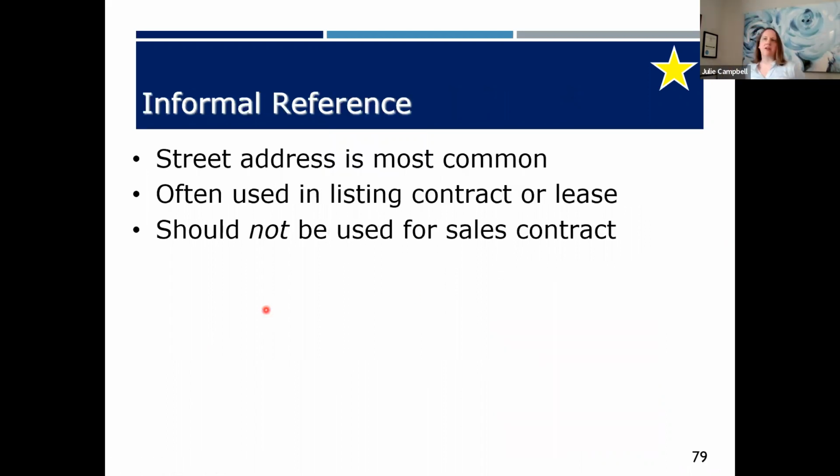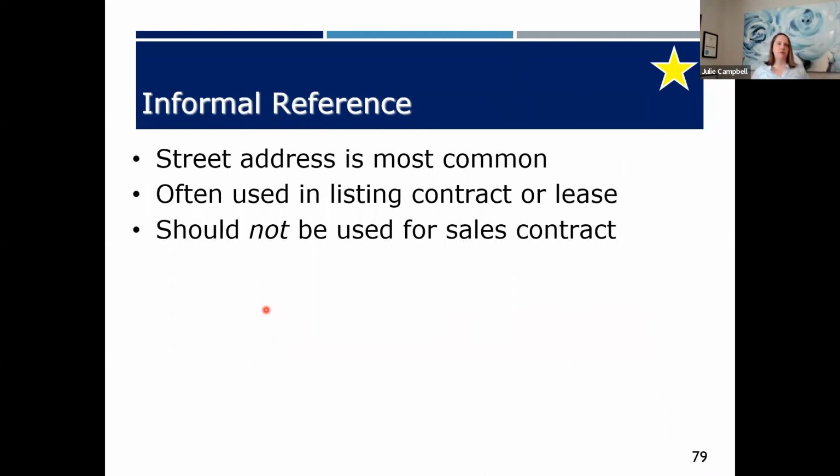There's something called an informal reference. Informal references don't really help us out much when it comes to identifying the property. The best example of an informal reference we have is a street address. Street address doesn't tell us much. Street numbers, street names change sometimes.